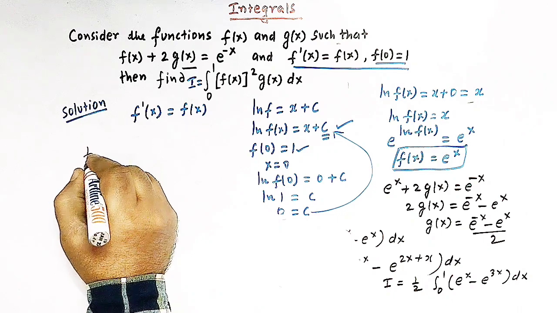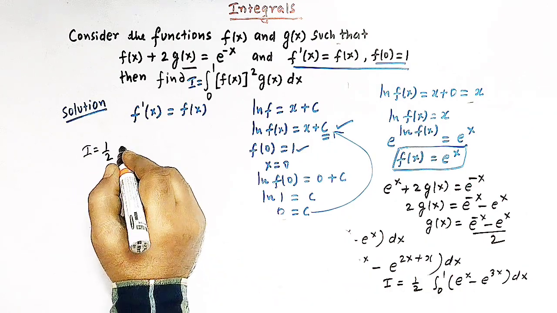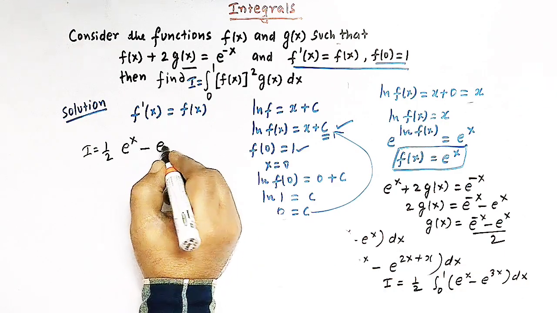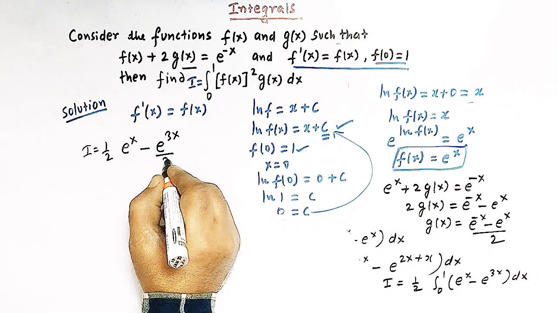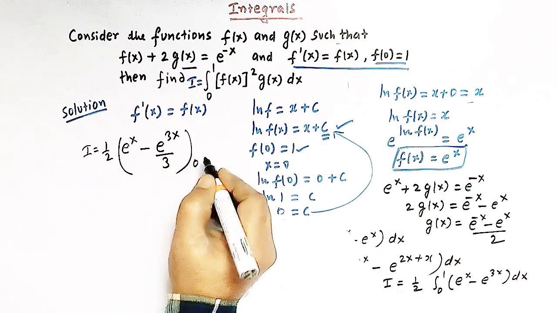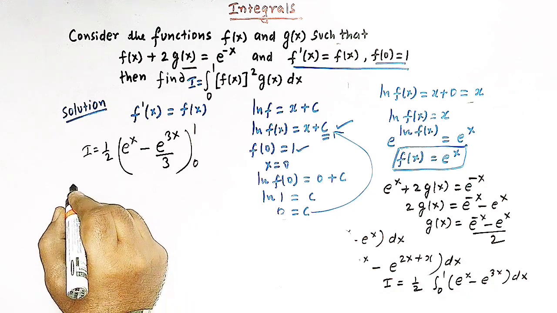So now let us simply find out the value of this integral. So we have I half the integral of e raised to x is simply e raised to x, and the integral of e raised to 3x is e raised to 3x over 3, and the limits of integration are from 0 to 1. So here we have used these two results.